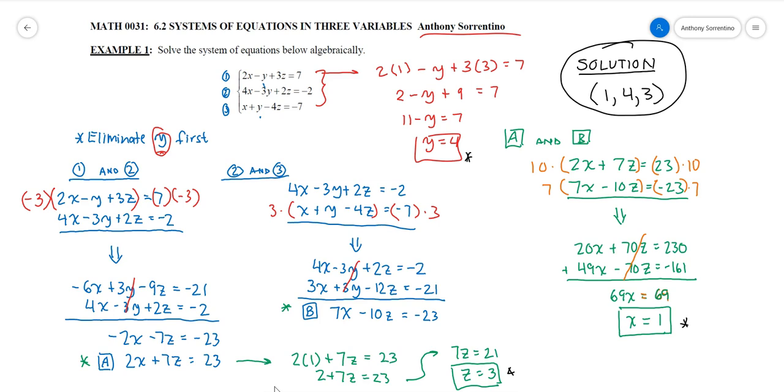And most of the rest of this chapter is going to be dealing with ways that are less involved, or at least less overall steps that have to be taken to solve a system of equations that have three variables or more.